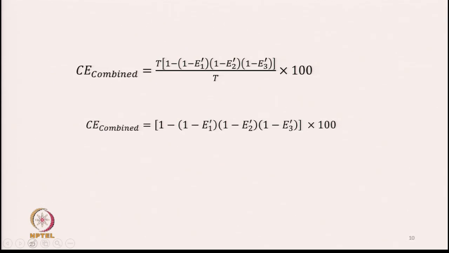in this case T into 1 minus... The numerator represents the trash removed, the denominator is the trash in the input. We take the ratio and multiply by 100. T and T cancel each other and we are left with the numerator multiplied by 100.